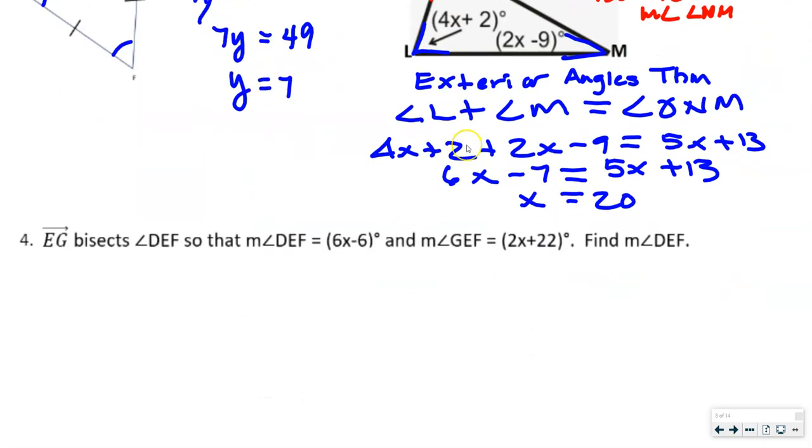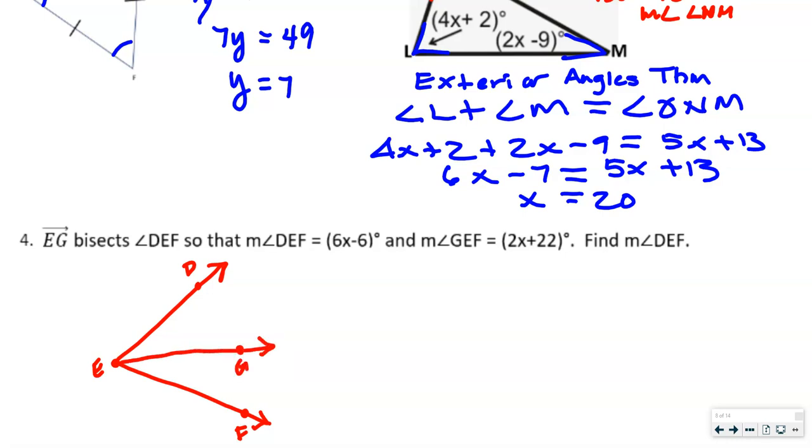Okay, then it says EG bisects DEF. So I'm going to create a DEF here, and it says EG bisects it, right? So that means this angle is congruent with that angle, right?